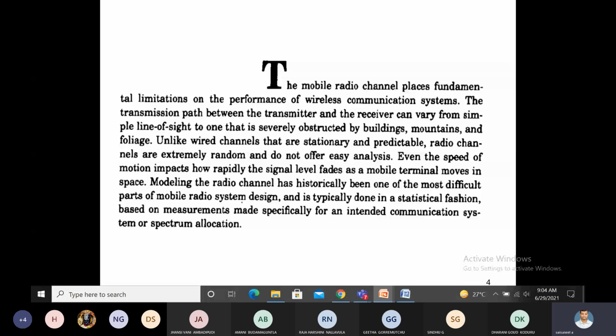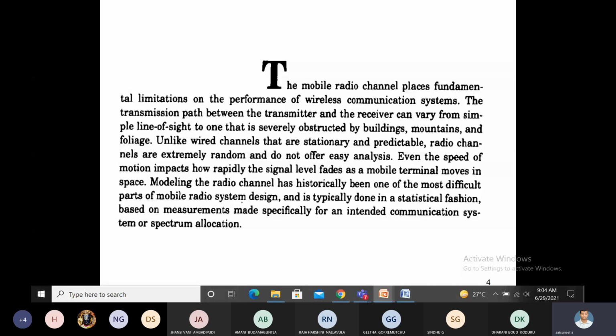Not only the obstacles, it also depends upon the mobile moving speed. Suppose we are moving from one place to another place at the time of calling. Then a number of handoffs can take place. Suppose the call is initiated now, there is no problem in the line of sight path.